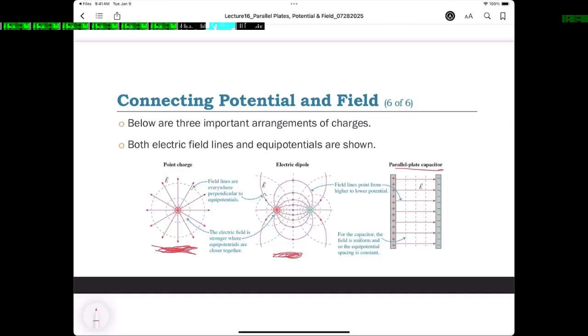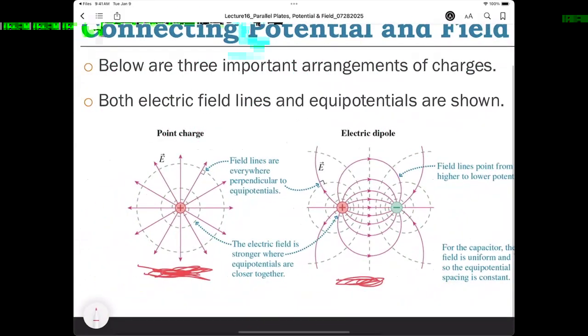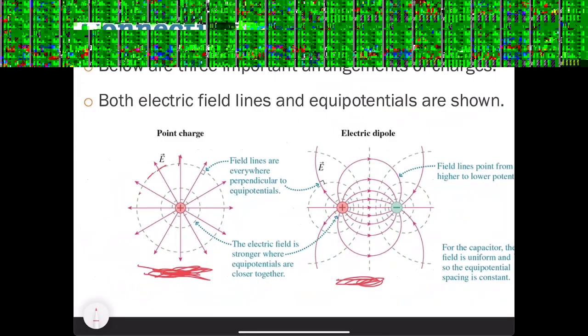You can see for a point charge, this green one is the equipotential line, and you can see the electric field is perpendicular to the equipotential lines.